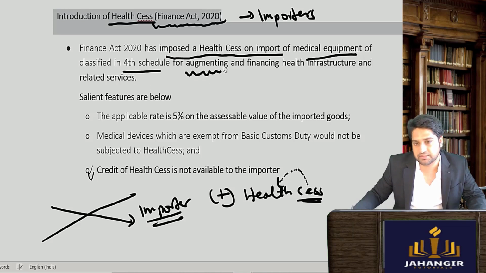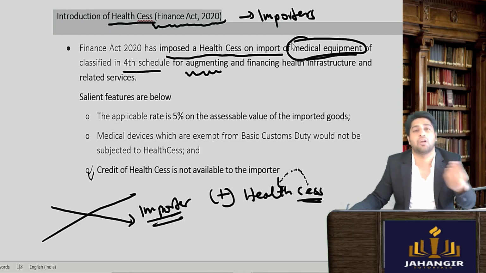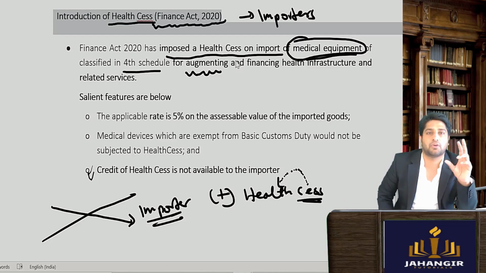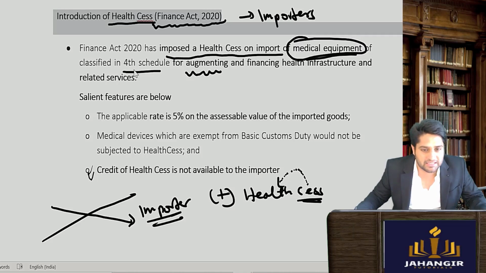On what will it be levied? On medical equipment. For example, what is medical equipment? If I am importing a stethoscope, or some medical equipment like maybe a nebulizer or a kind of oximeters, pulse oximeters, diabetic equipments, blood pressure checking equipments, any medical equipment, syringes, injections, etc.